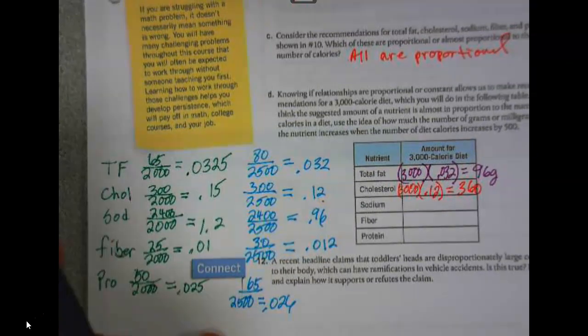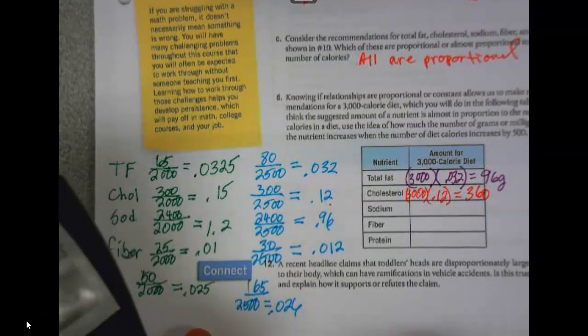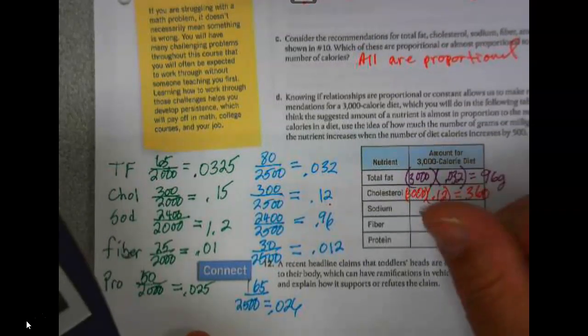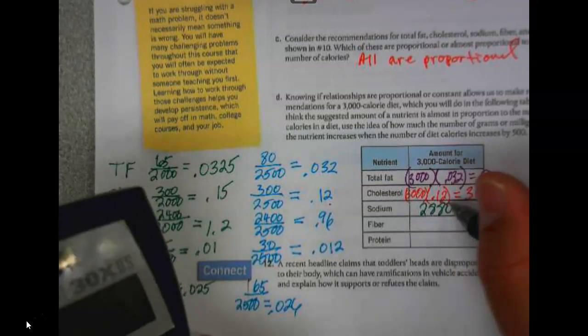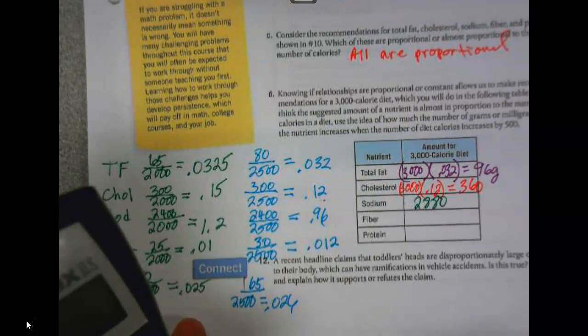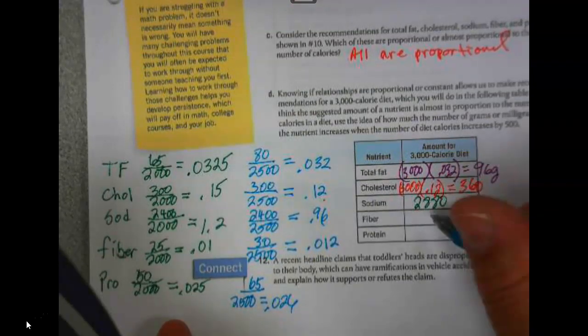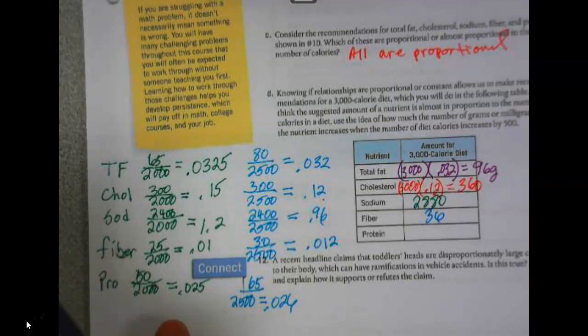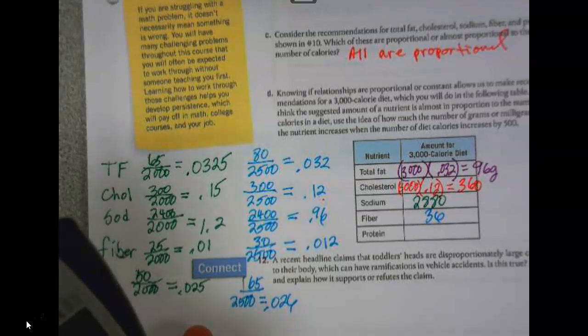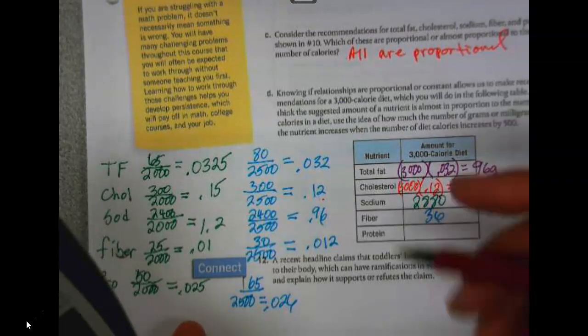See, sodium, 3,000 times 0.96, 2,880. Fiber, 3,000 times 0.012, 36, and protein, 3,000 times 0.026 gives me 78.